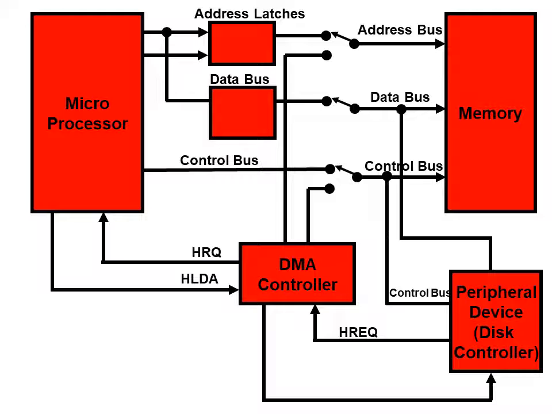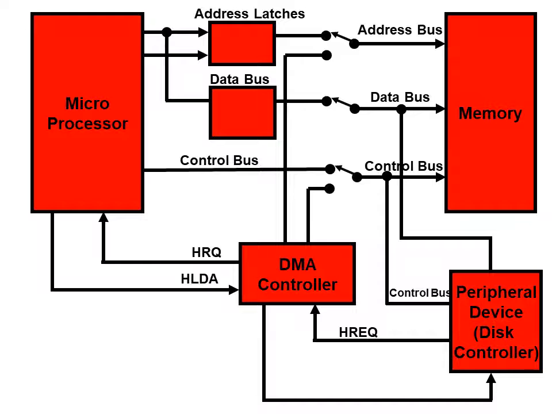Now when the DMA controller receives the acknowledgement signal, it will take control of the address bus, data bus and system bus. That means this DMA controller will take control of this system bus. Then it will provide the hold acknowledgement signal to this peripheral device.